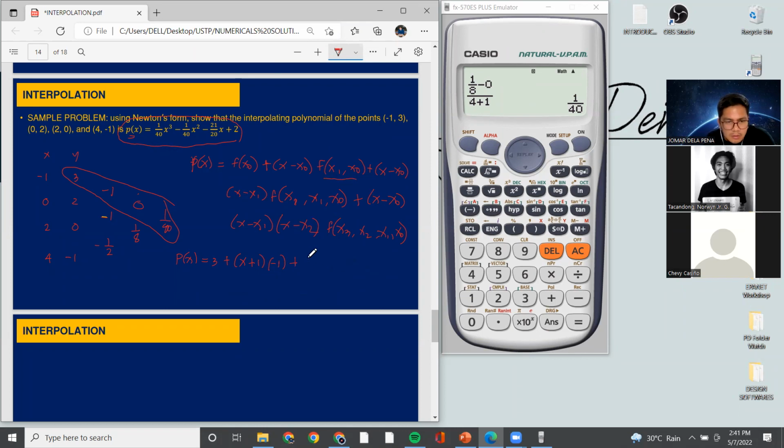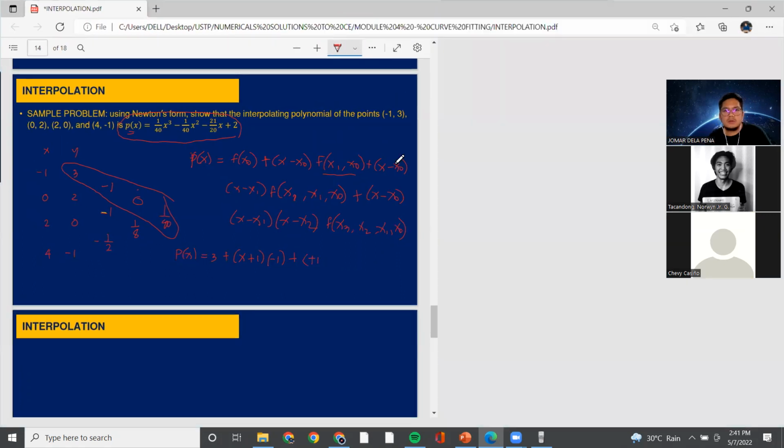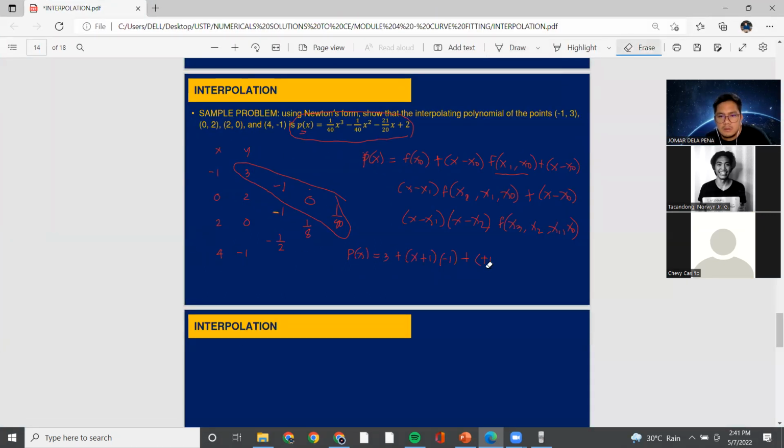x sub 0. x plus 1, yapon. x plus 1. Then x minus x sub 1 is 0. Okay. Then times.